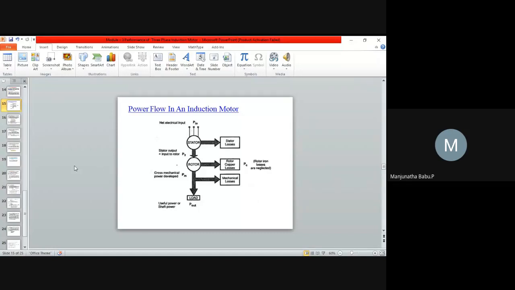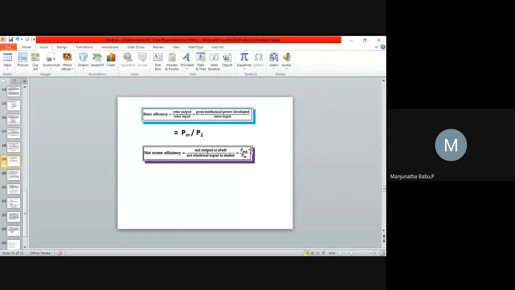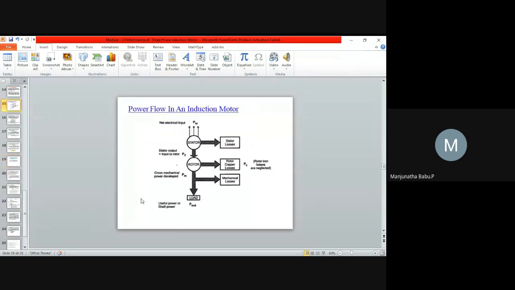The efficiency formula is output power by input power. Input power is given, so we require output, and for that the middle data P2, PC, PM with the losses.